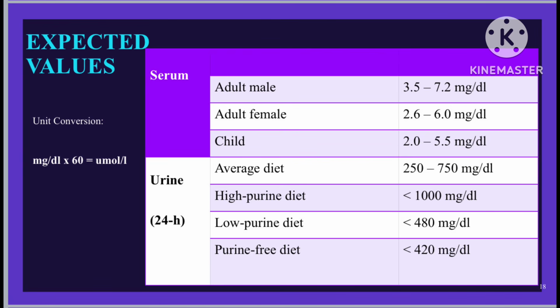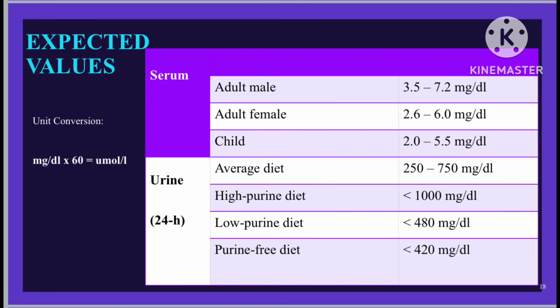If the patient is given low purine diet, it should be around less than 480 milligrams per deciliter. But if your patient is given a purine-free diet, meaning no purine-rich foods in the food or diet of the patient, it should just be less than 420 milligrams per deciliter.